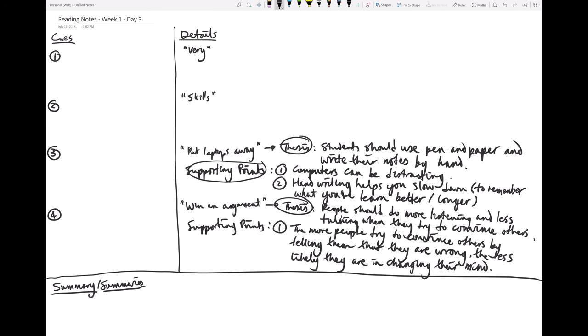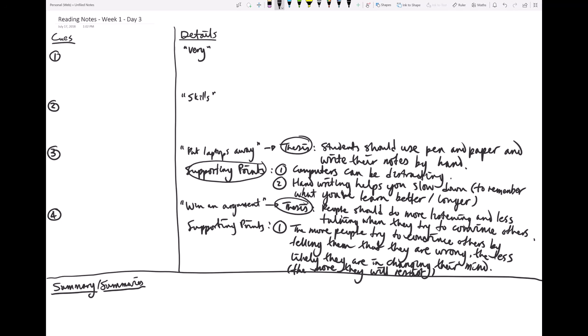Or I could say the more they will resist. So I might write that instead. The more they will resist, implying the resist, the convincing, I suppose.